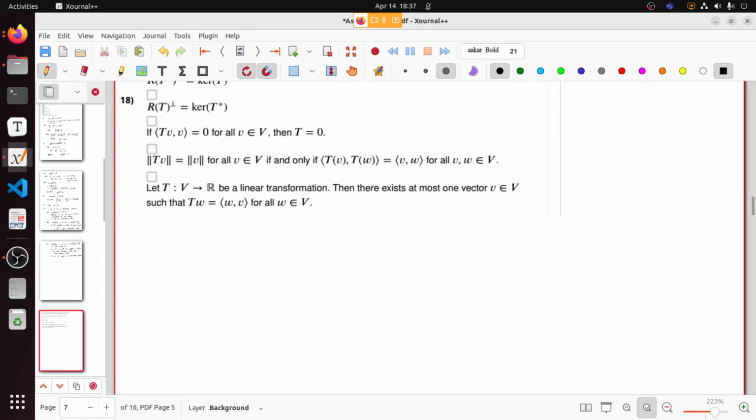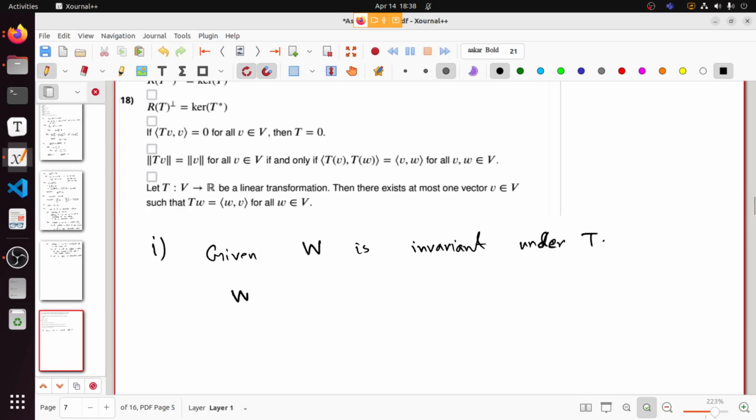Right. So option number 1, what is given? W is invariant under T, right?